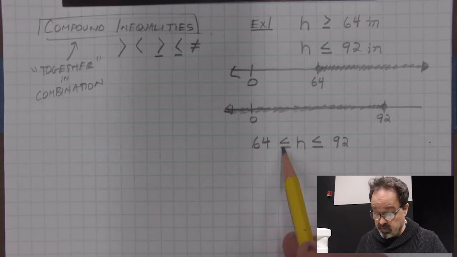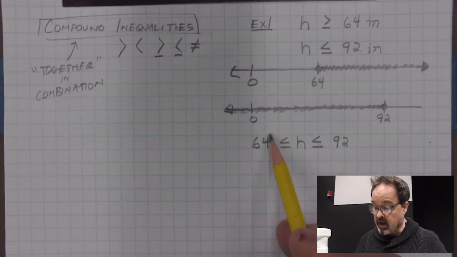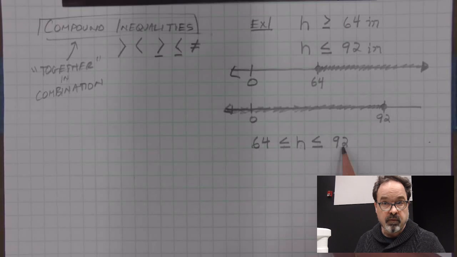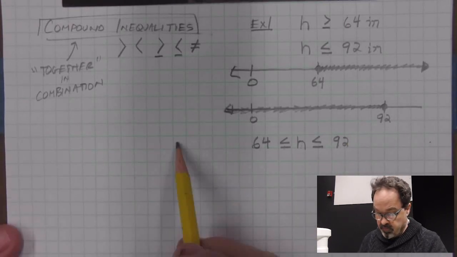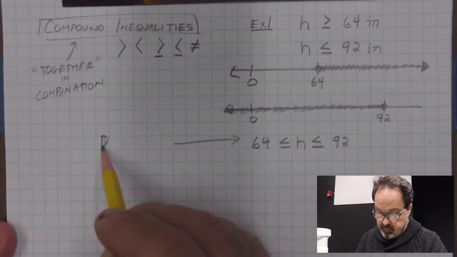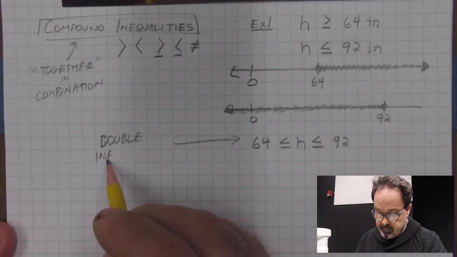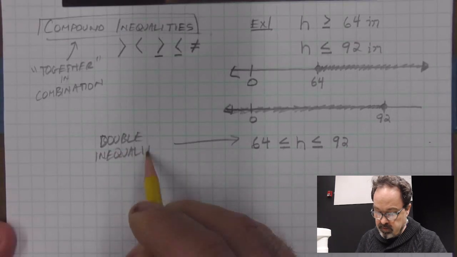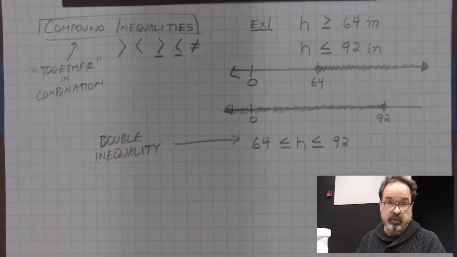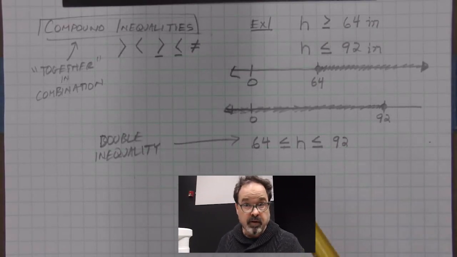So we've used the correct symbol, but the concept here is h is greater than 64 and less than 92. We call this a double inequality. There are two inequality symbols in this expression, and so we call it a double.